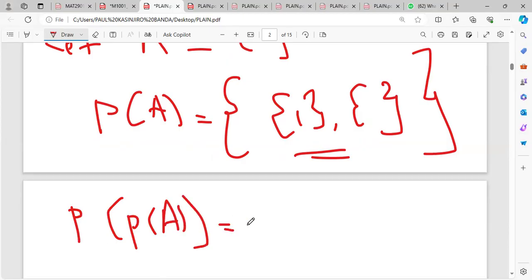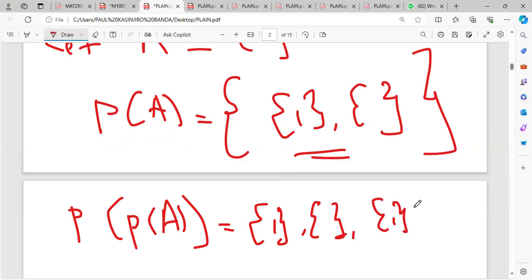So this is going to be equal to, the subsets of this set here are going to be what? You can get the one there, then you can get the empty set, and then you can get the set itself together like the way it is there, and then you can get another empty set.